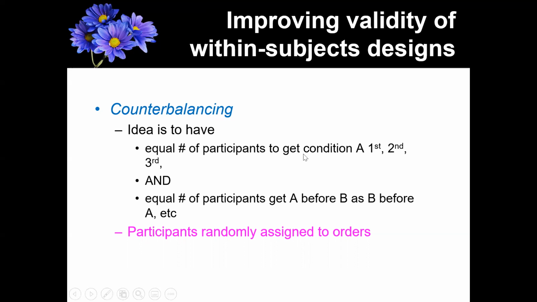So if order is an extraneous variable, then logically we want to mix up order, right? We want to make it so that some people get one order, some people get another order, some people get another order. Therefore, any effects of order should be equal across conditions. Okay? Order is no longer systematically varying with the independent variable.